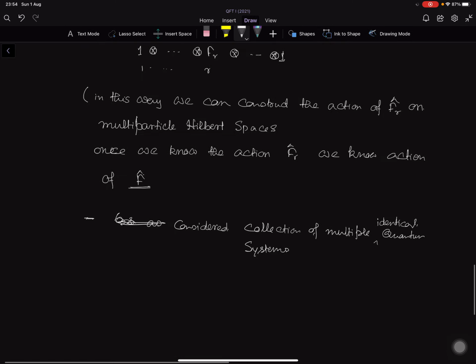We assumed they are distinguishable. We will very soon change this assumption, since it is not a correct assumption, but for the moment we assume that they are distinguishable.